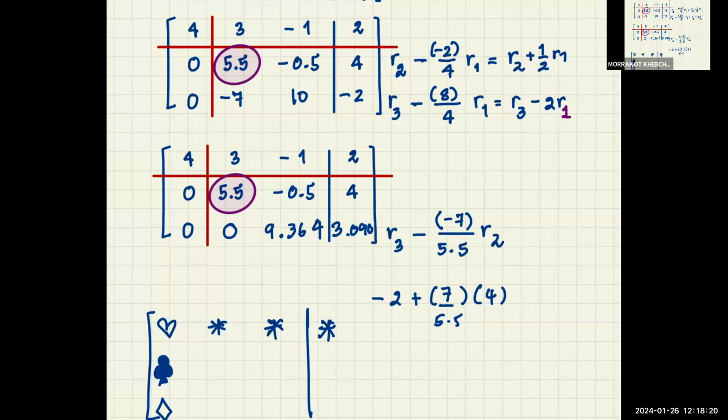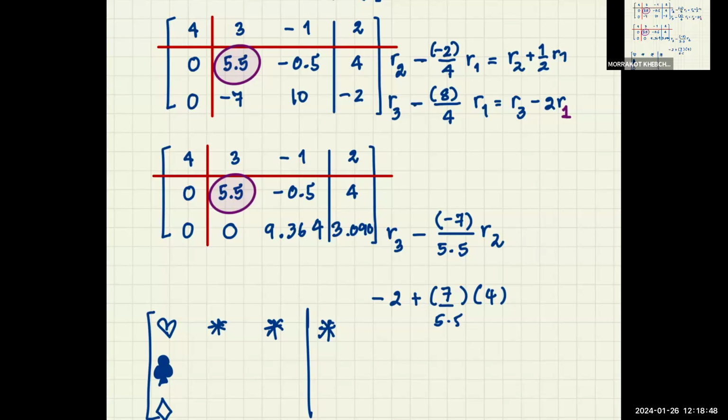So let's see. This cell is made 0 by taking minus 7 divided by the pivot 5.5 multiplied by 5.5, right? This makes 0.